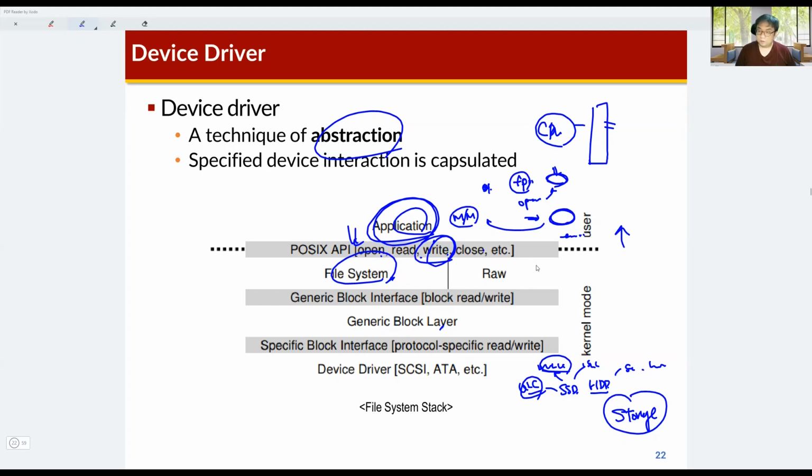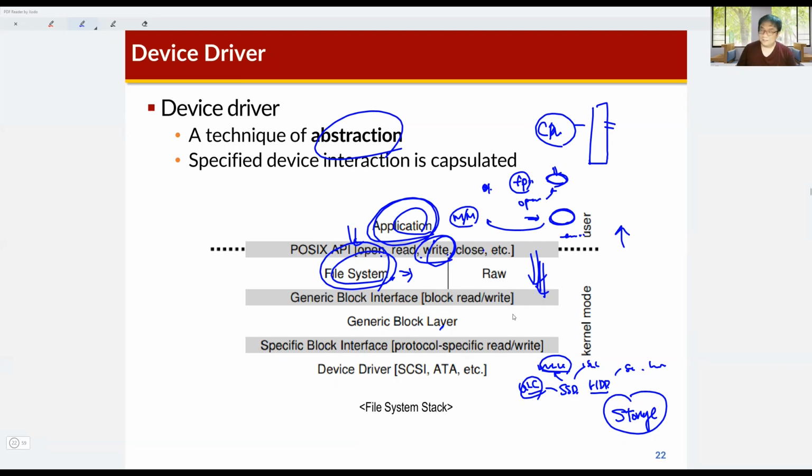Sometimes we can directly access the data on the storage. This low-level access is also supported for data management on the storage devices. We can use the file system, or we can directly access the data inside of a storage system.